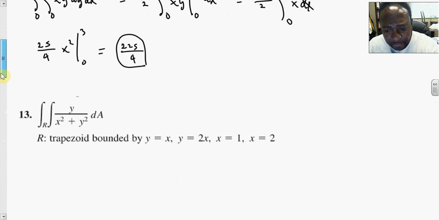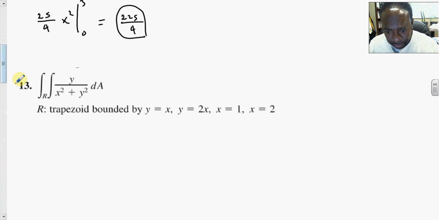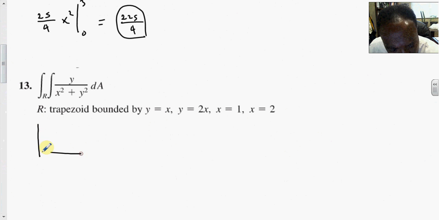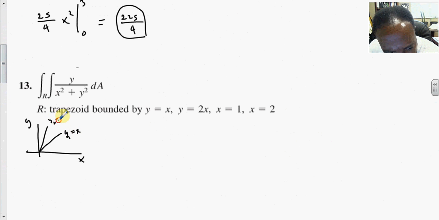But if you're given a function, then it's a little bit different. So here the region, I have some function y equal to x. It's doing that. Then y equal to 2x there. And then x equal to 1, x equal to 2.